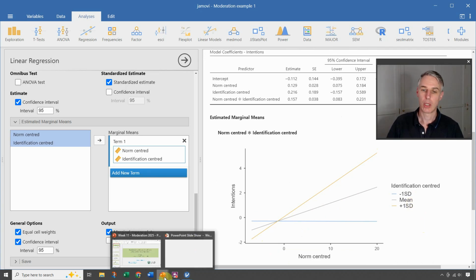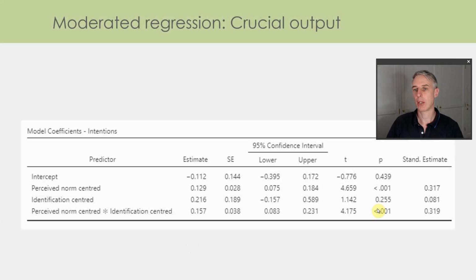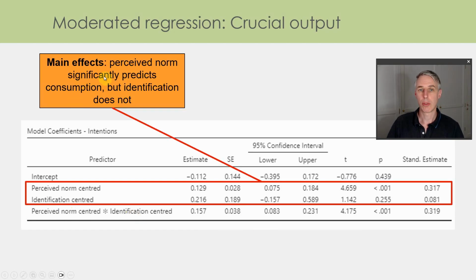Okay, so let's go back and walk our way through that output. So here's that regression table in which we've got the three effects: our two main effects, the main effects of the two predictors, and the interaction. So the main effects here, well, what have we got? Perceived norm has a highly significant association with intentions, but identification does not.